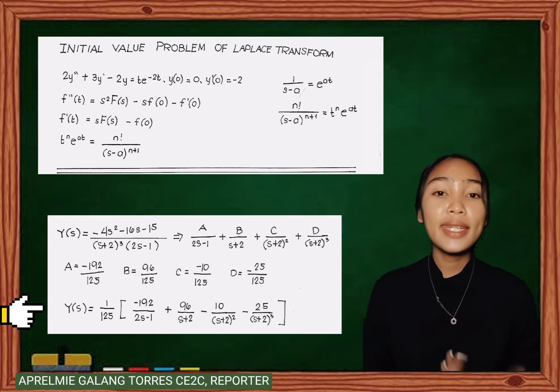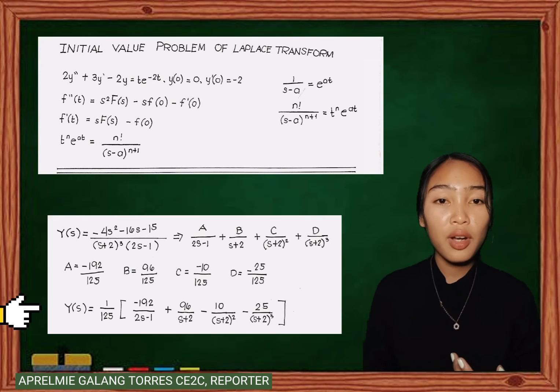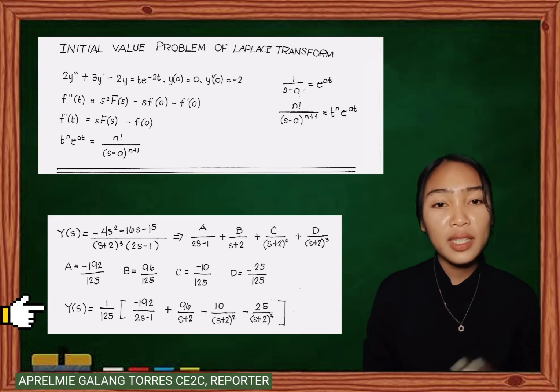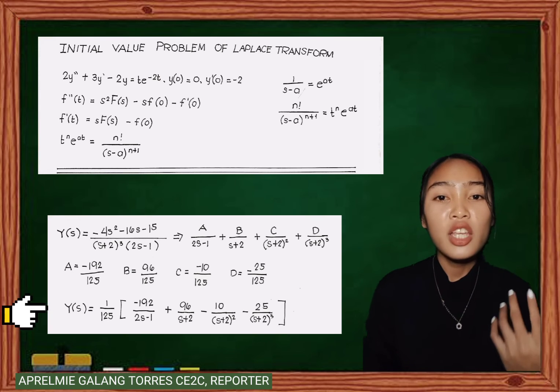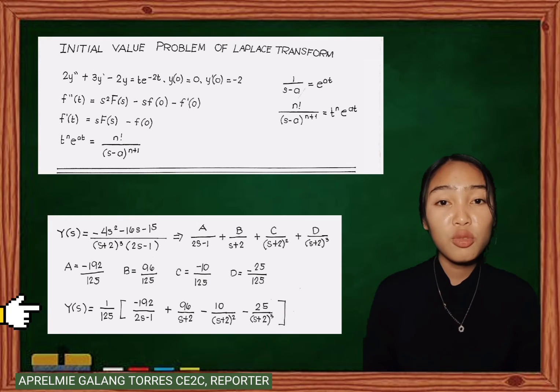And now we'll just go ahead and plug in the numerator of all these fractions: -192, positive 96, etc. So we'll get -192 over 2s - 1, plus 96 over s + 2. C is -10, so we'll get -10 over (s + 2)^2. And then D was -25, so -25 over the quantity (s + 2)^3.